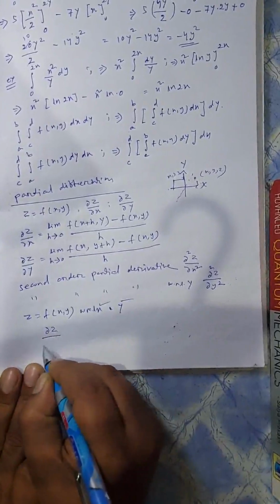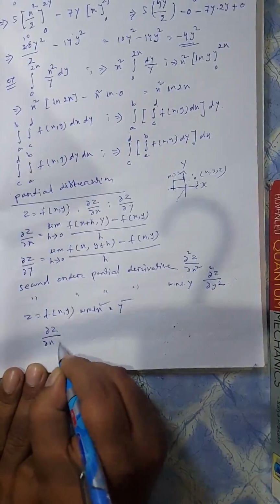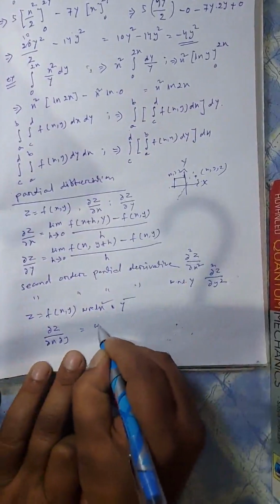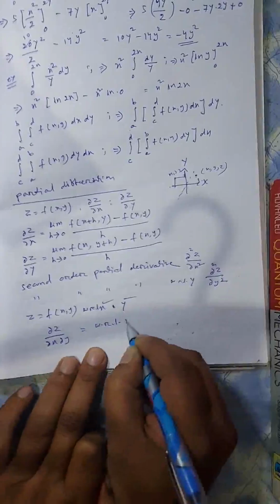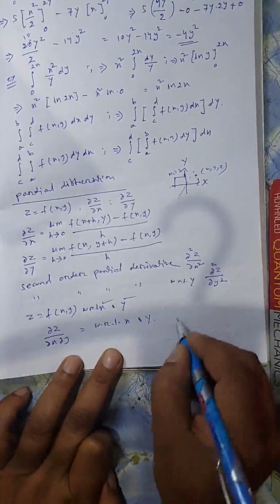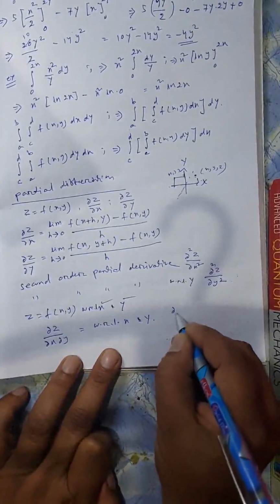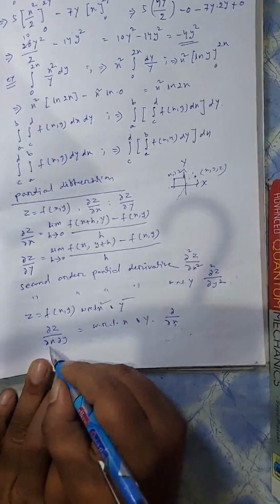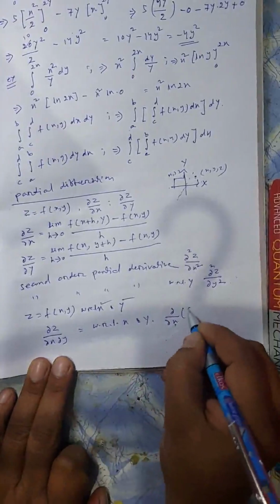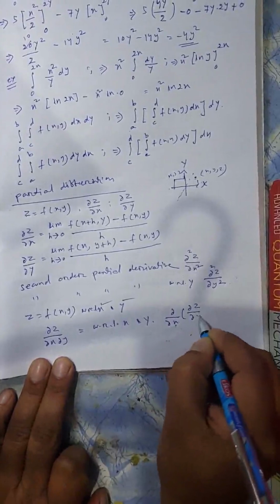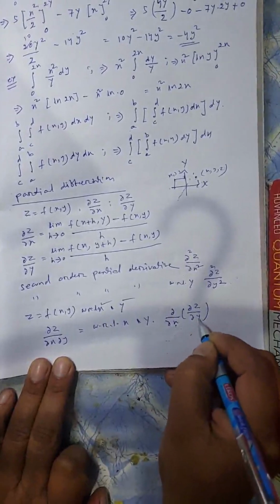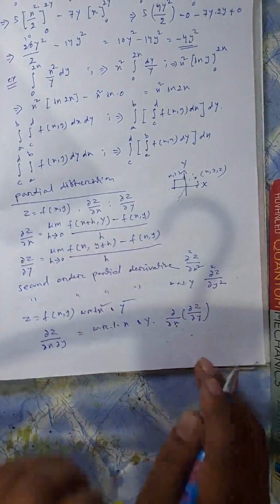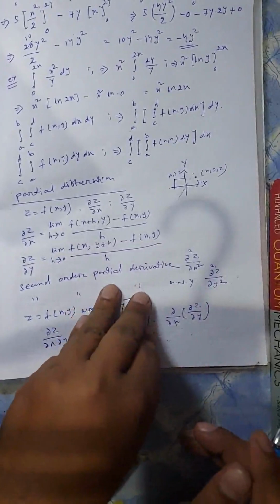For ∂²z/∂x∂y, we write ∂/∂x on the left side, keep it, then we first find ∂z/∂y with respect to y, then we differentiate with respect to x. We take one example, then it is easy for you.